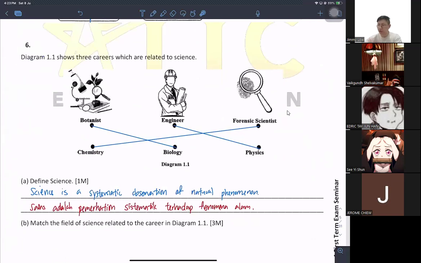Somehow your question will ask very basic science questions, like what is science, what is it about. So you have to know which field relates to which part of science.